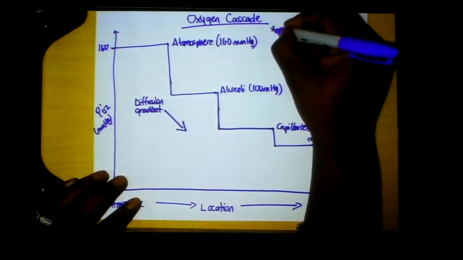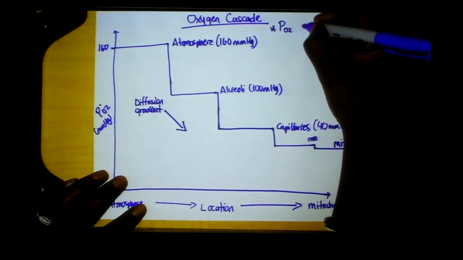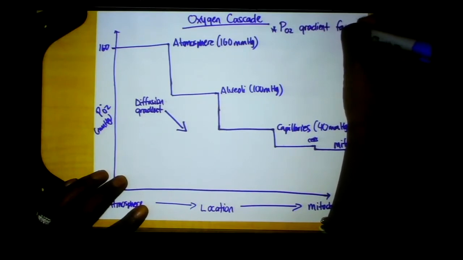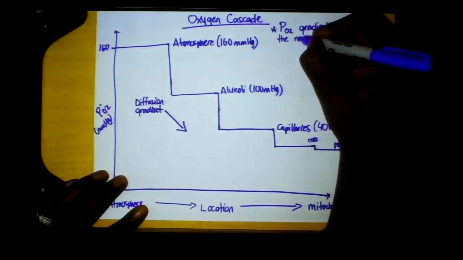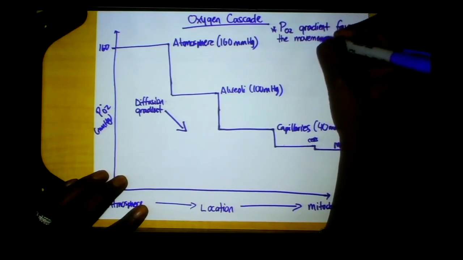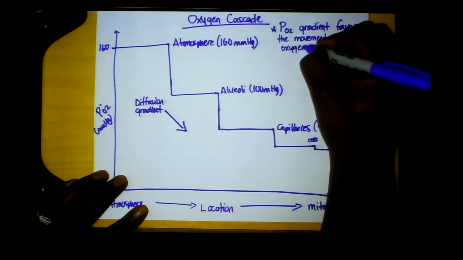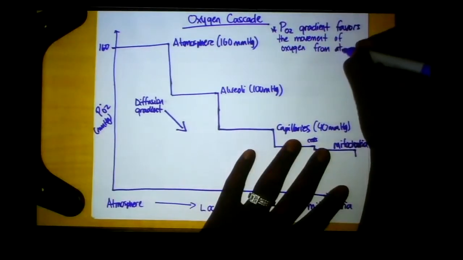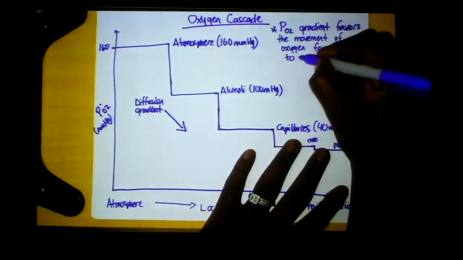And we can make a note here that the partial pressure of oxygen gradient favors the movement of oxygen from the atmosphere to the mitochondria.